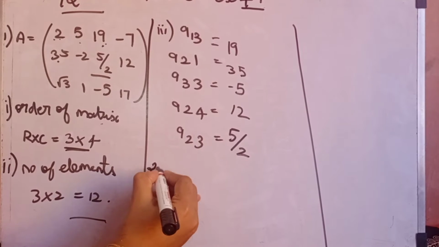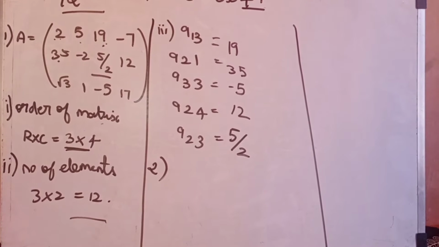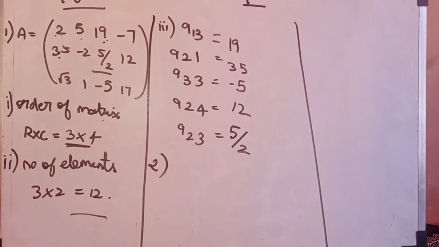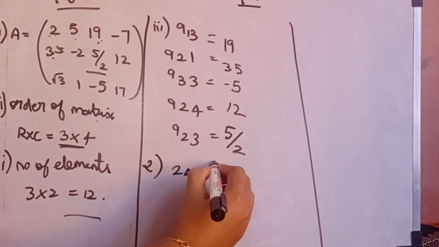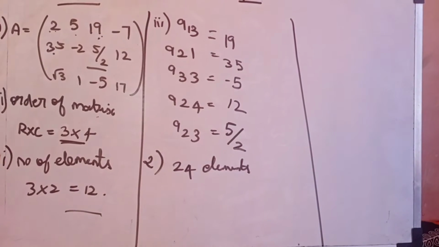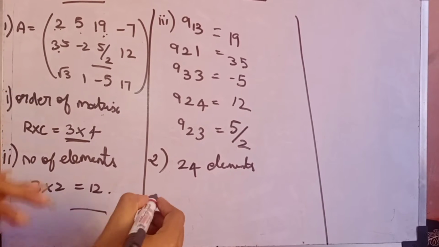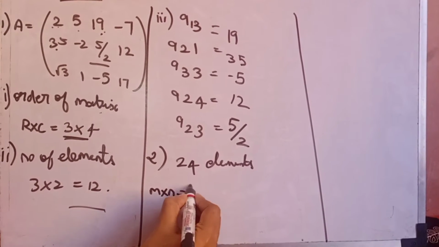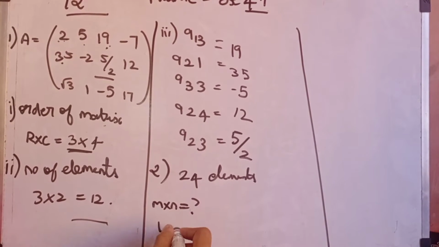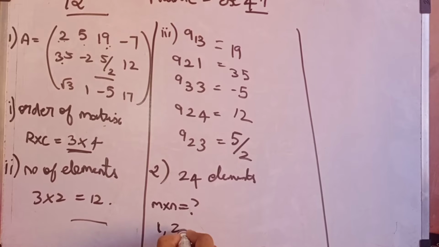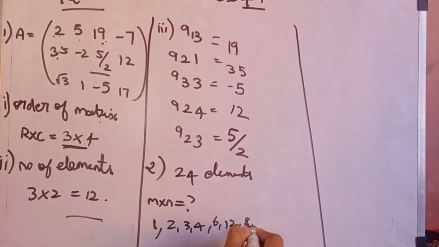Second sum, what they have asked is, if a matrix has 24 elements, what are the possible orders it can have? What if it has 13 elements? First one is 24 elements. As we did in our example for 8 elements, we need to check how many possibilities, right? To check the possibilities, we need to find m into n. What are the possible factors we can use for 24? 1, 2, 3, 4, 6, 12, 8 and 24, right?